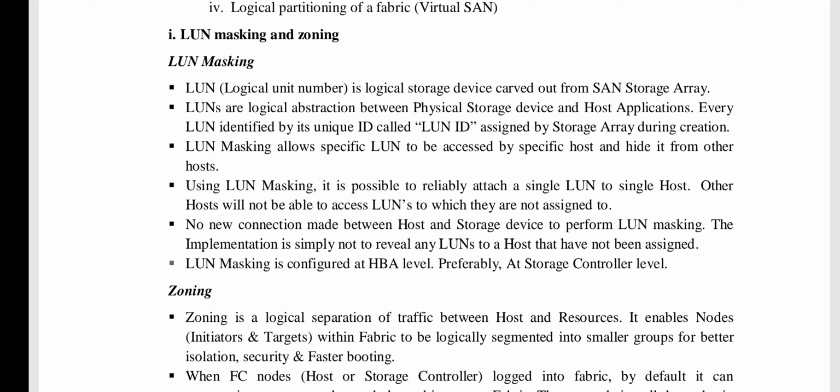So we are discussing security in SAN. How do we provide security? LUN masking is one way. LUN is nothing but the logical unit number.